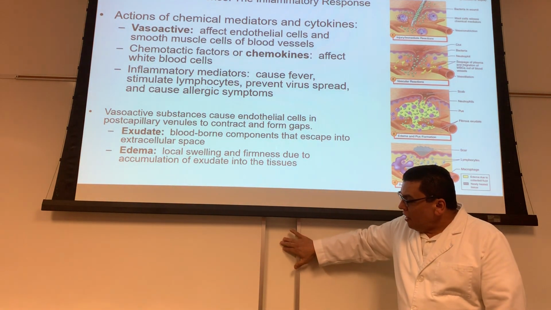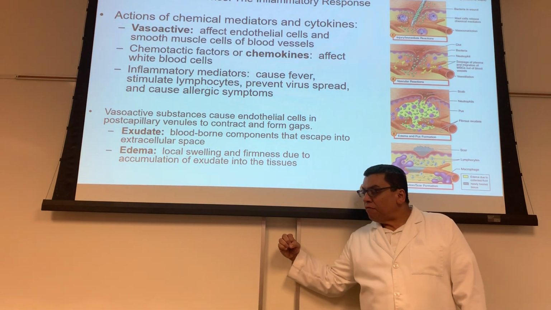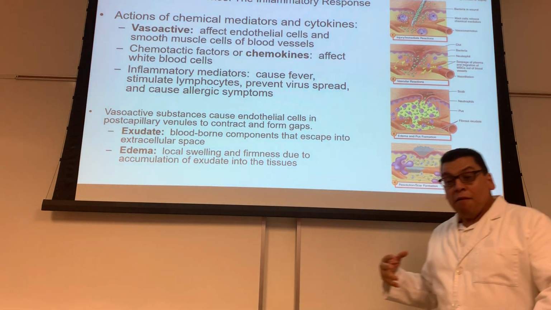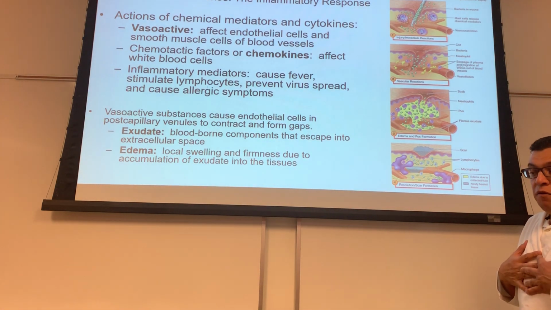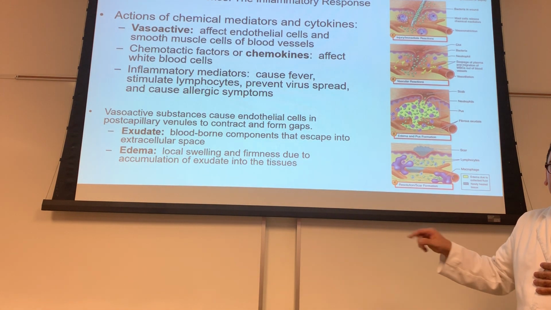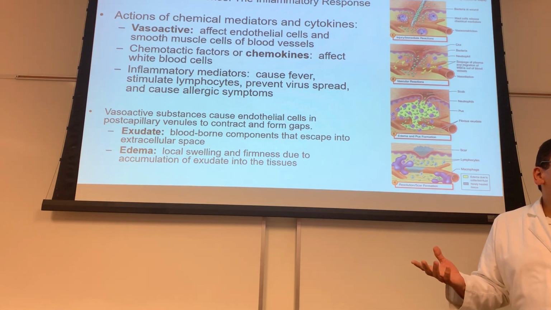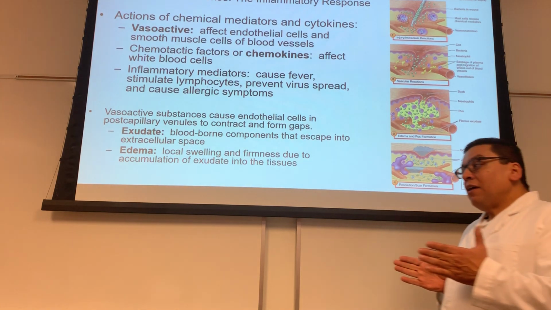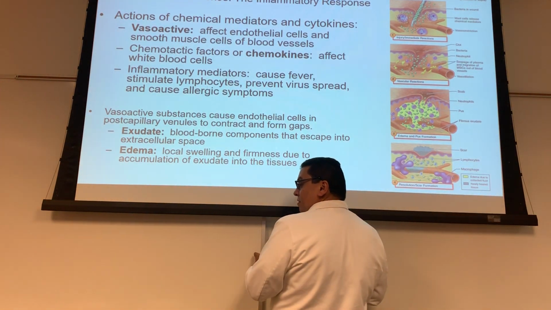Versus there's damage right here and the signal is coming from here. Alarm, alarm, come and help us. If I'm a white blood cell, it would be really, really bad to pass right by that. I would not be doing my job. The signal is going to attract me towards it.